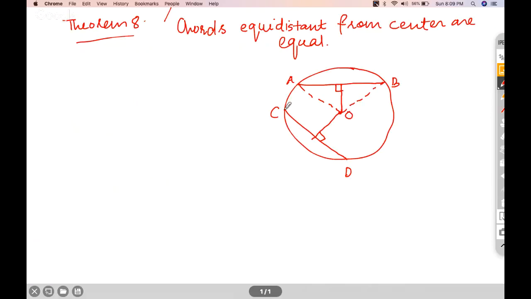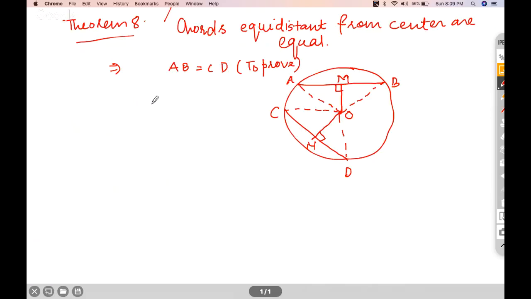This is O, and suppose this is M and this is N. So I need to prove that AB is equal to CD. This is to prove. Now how do I prove it?